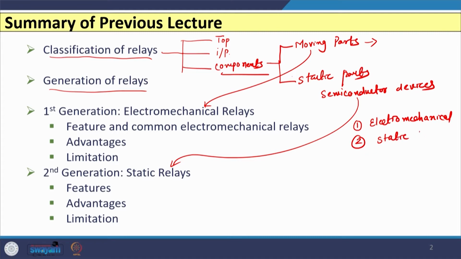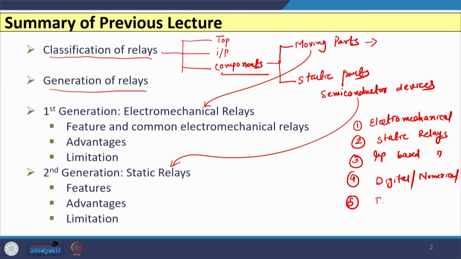Then the third generation of relays, that is known as microprocessor based relay, and the fourth generation of relay which we have discussed is the digital or numerical relays, and the fifth generation of relays we have discussed is intelligent electronic devices or IEDs. So, this we have discussed in the generations of relays.